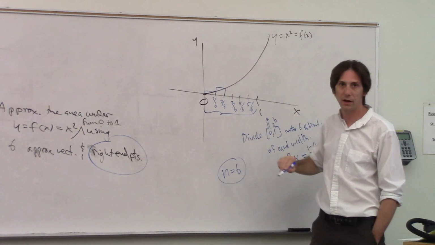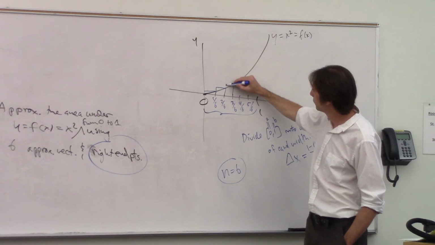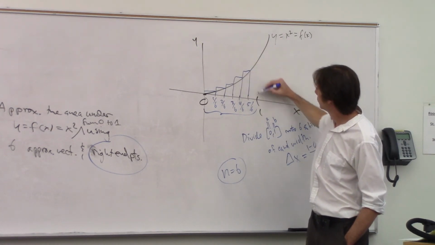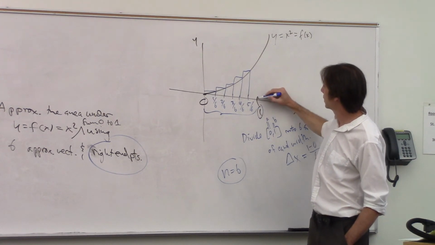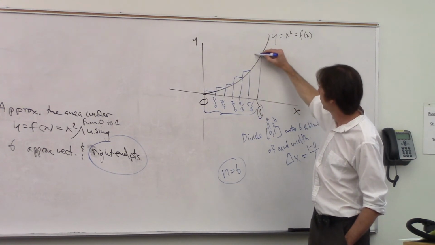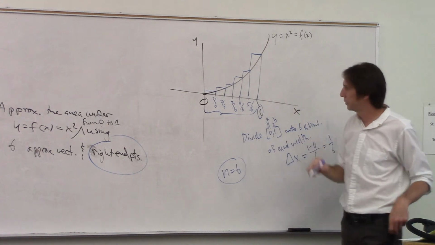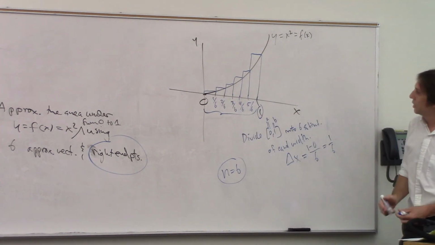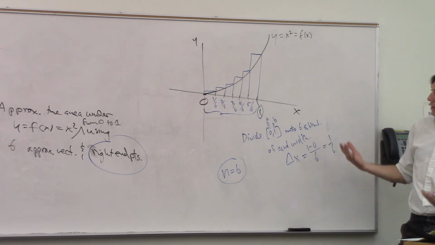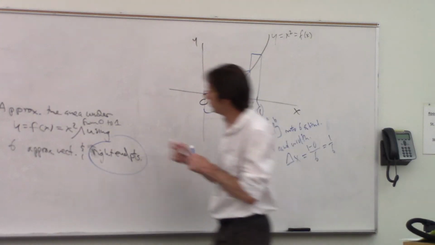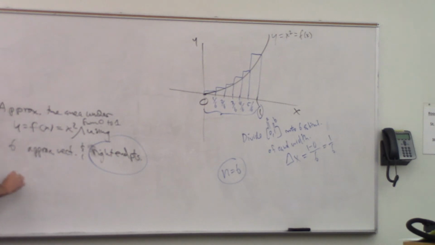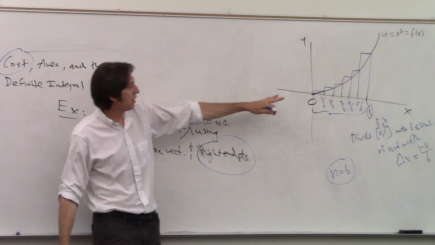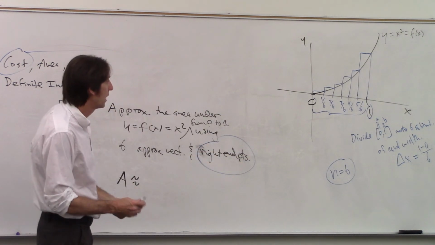That gives me the height there, etc. And for the last right endpoint, it's actually 1. Up to the curve and over gives me the height. So you can see my 6 approximating rectangles now, and I need to add together their areas. So the actual area is approximately going to be the summation of the areas of those 6 rectangles.